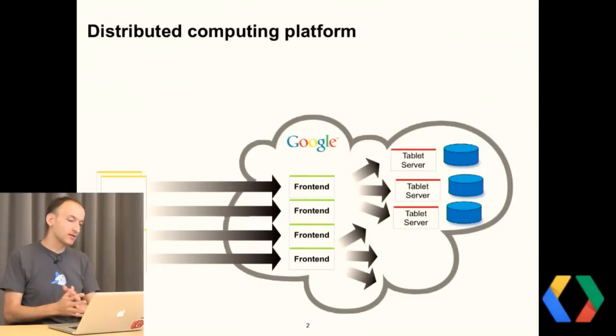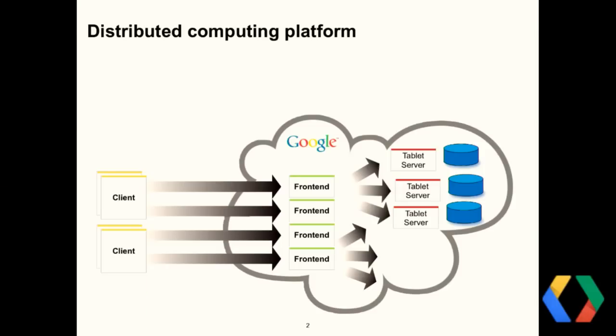So App Engine is this distributed computing platform, and to really understand how it works and do performance tuning and understand how your load tests are flowing through the system, you need to break apart the different components and understand why we call it a distributed system and why that's really important to the characteristics of App Engine.